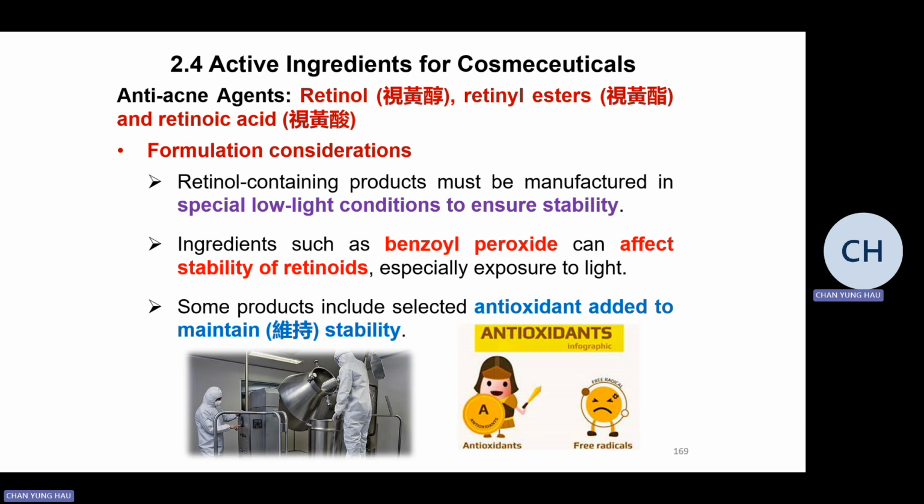In some products we especially add some antioxidant to maintain the stability, and we have to separate the processing when benzoyl peroxide and retinol are added in combination in a product.